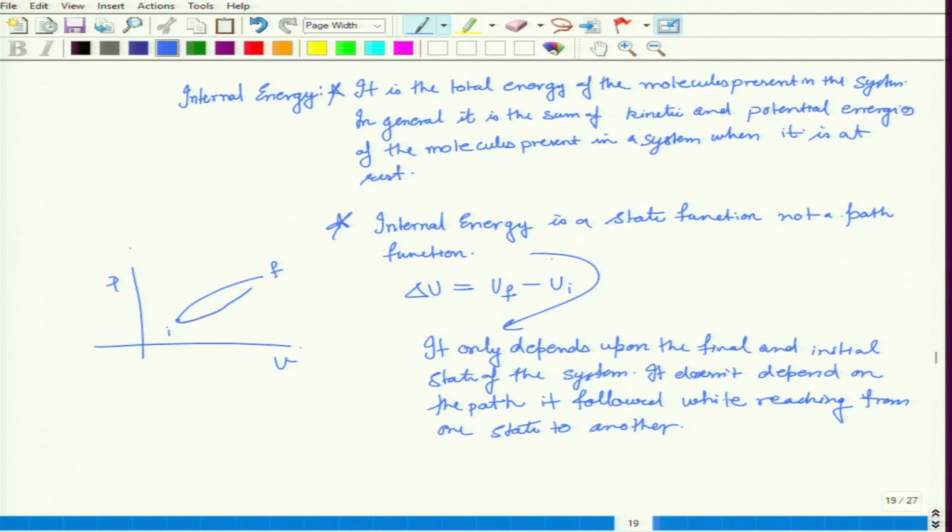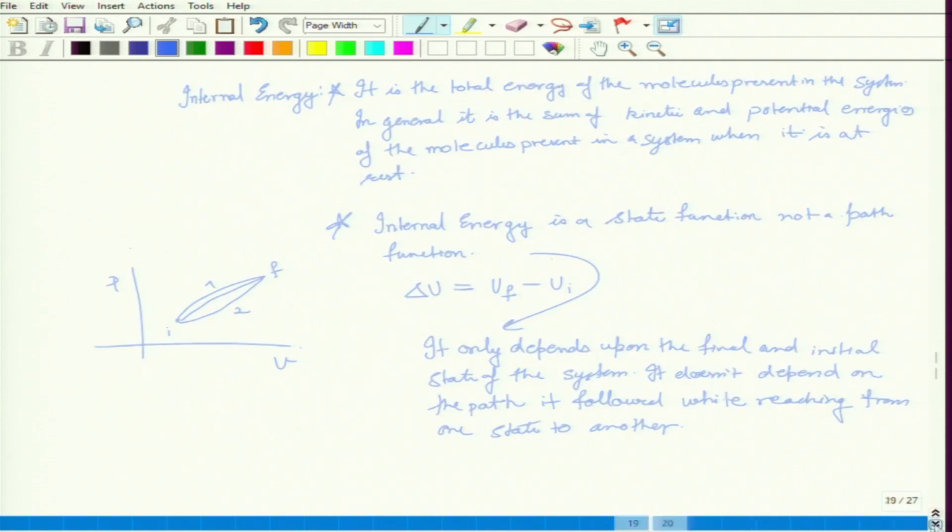So either it follows this path or this path, the total change in internal energy between the initial and the final state is just this. So we have made a foundation of what internal energy is.